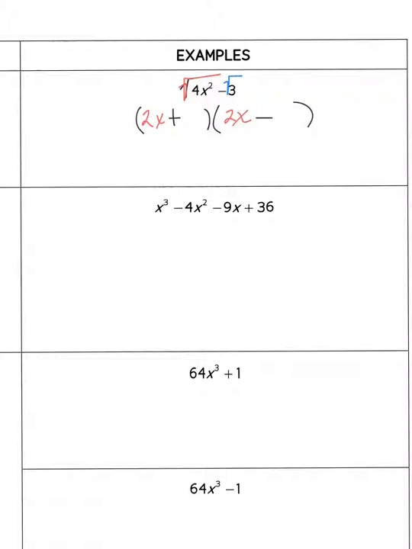Since I cannot take the square root of 3, you're going to put the square root of 3 here and here. So even though this was not a perfect square, I can force it and use the pattern because I have a different sign here. Radical 3 times negative radical 3 is still going to give you a negative 3. So it is still going to work. That's kind of a new one on you.